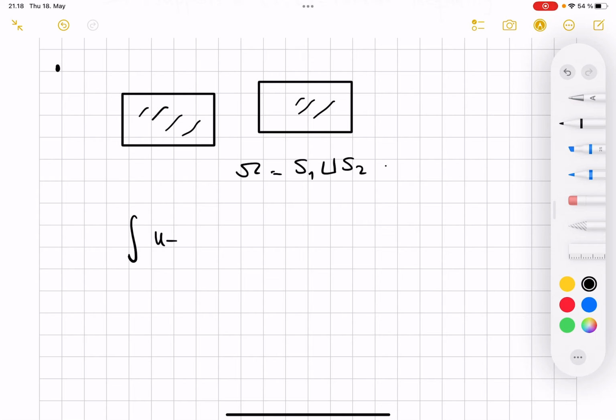So it's a good instance to stop and recall what Poincare was. You take a ball, you look at the average of your function on the ball, and then you look at the oscillations of the function, and then you take the integral.